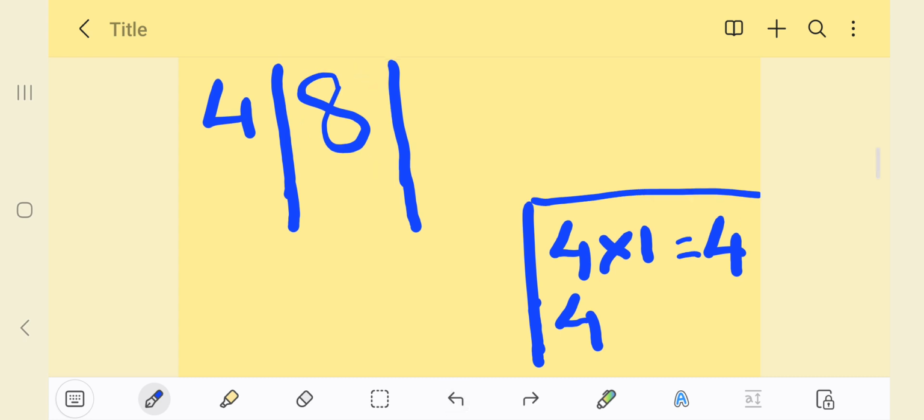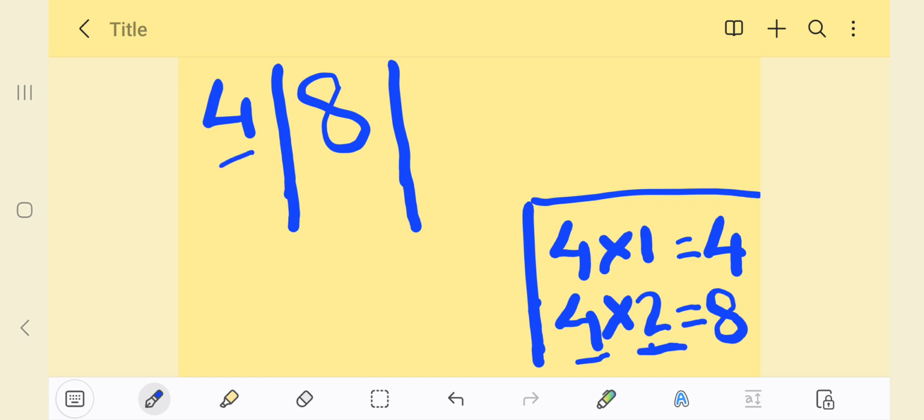We need to be below 8, less than 8. 4 times 2, we are getting here 4 times 2 equals 8. We are exactly getting the equal number of 8 by multiplying this 4 by 2.